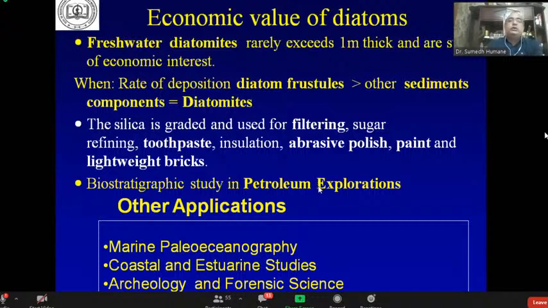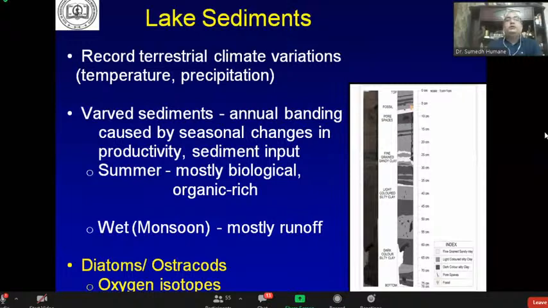You have other applications of diatoms in marine oceanography, coastal and estuarine studies, archaeology and forensic science. You have their applications in nanotechnology due to the structural design of the diatom. It is also used to prepare architectural designs in different parts of the world. So now coming to the lake sediment, how we study.